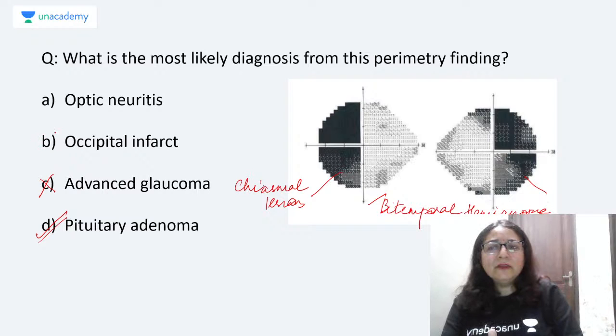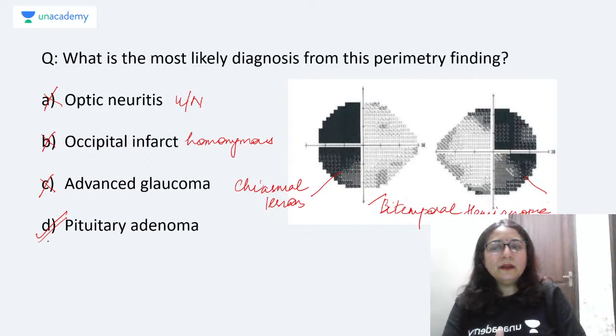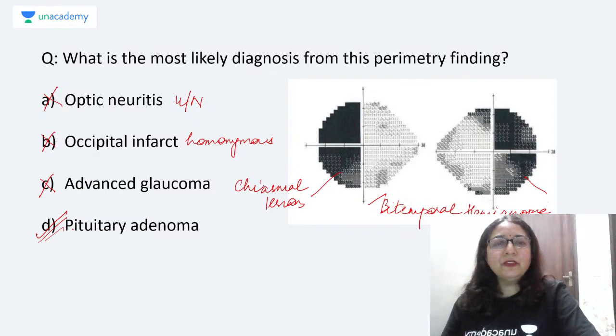Occipital infarct will produce a homonymous defect. Optic neuritis, if it is on one side, will produce a uniocular defect. So this bitemporal defect will be your chiasmal lesion due to pituitary adenoma.